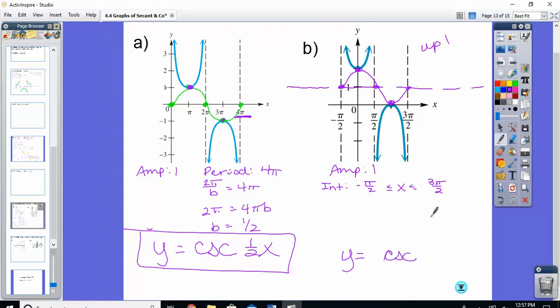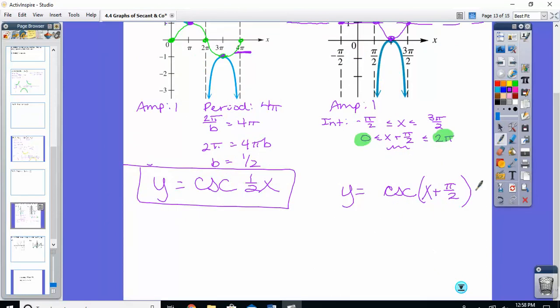So we have to turn this back into 0 to 2 pi. So the first thing I'm going to do is add pi/2. Three pi/2 plus 1 pi/2 is 4 pi/2, which is 2 pi. These things are now correct. That means that this centerpiece is my angle. And then because my graph went up 1, I need a +1, either at the beginning or end. That's my equation.